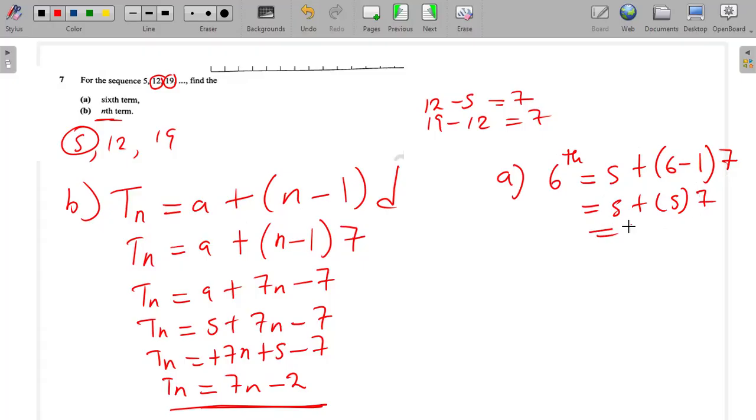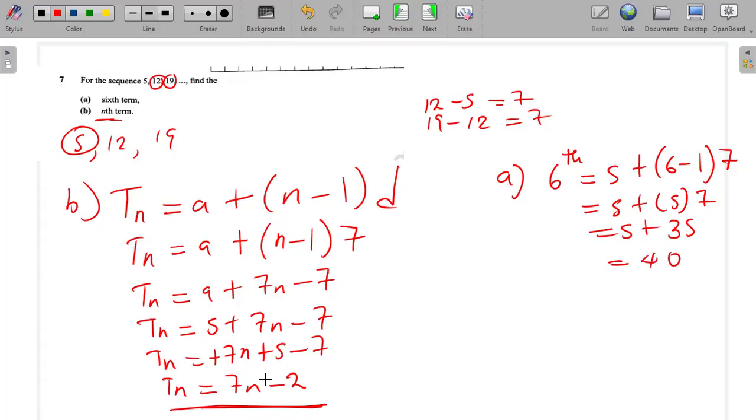So this will be 5 plus, what's 5 times 7? It's 35, right? So we get the 35 there. What is 35 plus 5? That's 40.